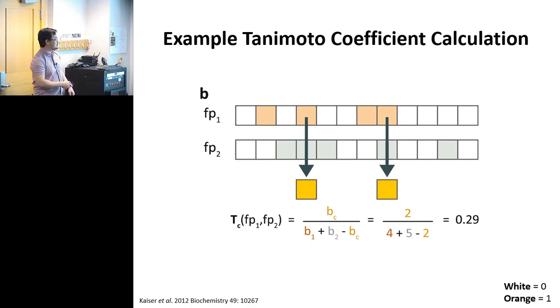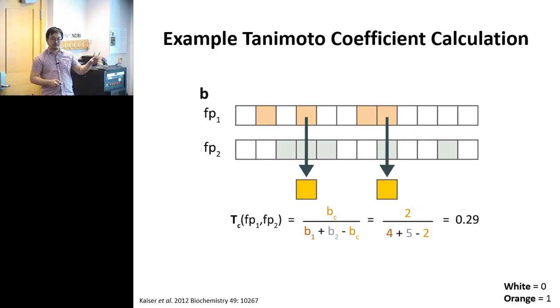And then you divide it by 4, the number of bits in one molecule, plus 5, the number of bits in the other molecule, and then you subtract the union, or intersection, I guess, in that case. Sorry, I usually get that switched around. Thanks for that. So you divide that by that, and you get 0.29.